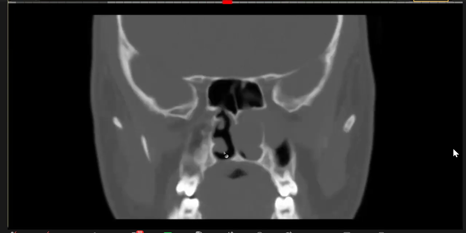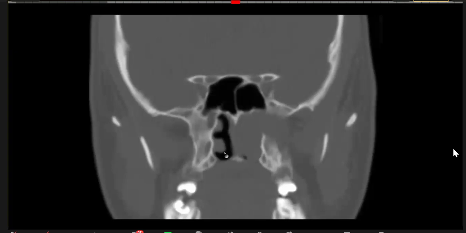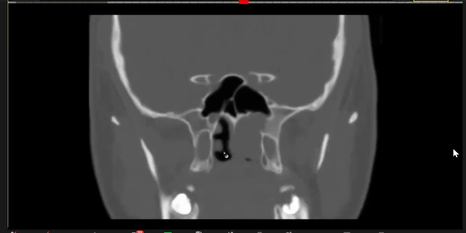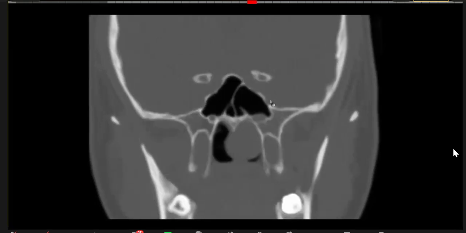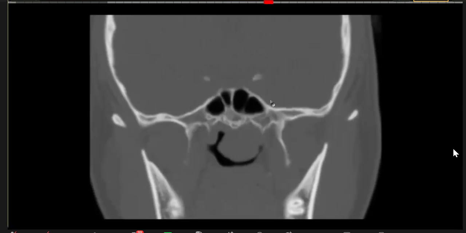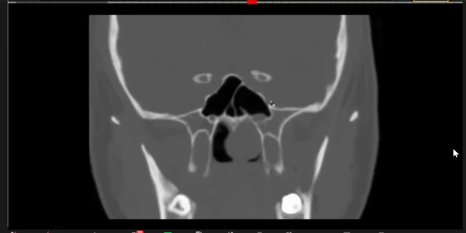Okay, so this is the mass on the left, and I'm looking for the foramen rotundum. So I think this was the foramen rotundum. So is it involved? No, sir. It seems to be on axial images, but it's not. Yeah, okay. So what is your conclusion?